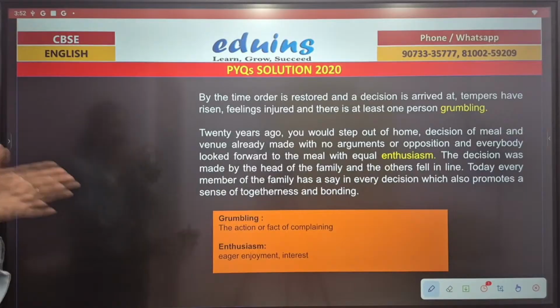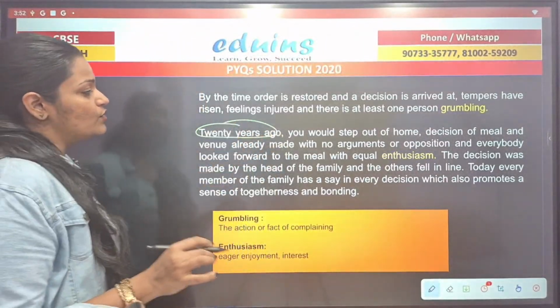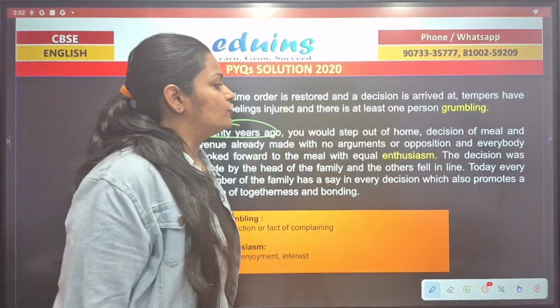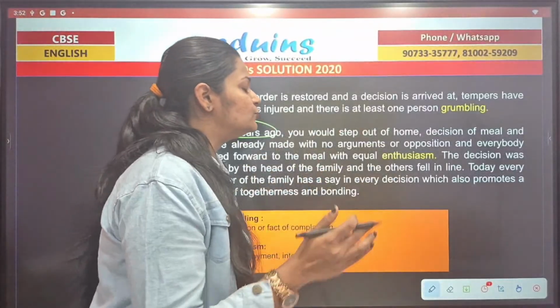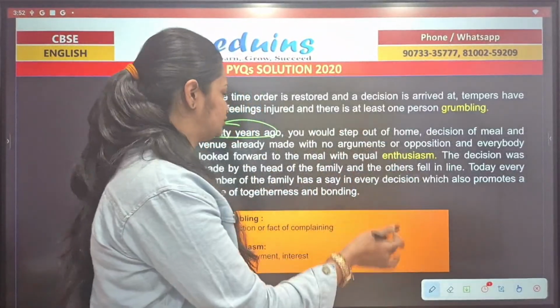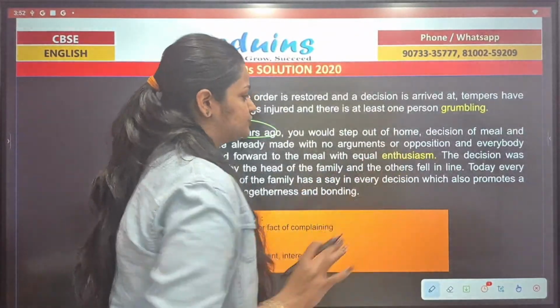Twenty years ago, you would step out of home, decisions of meal and venue already made with no arguments or oppositions, and everybody looked forward to the meal with equal enthusiasm.